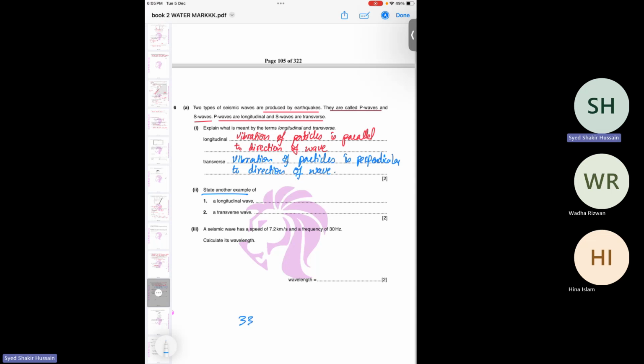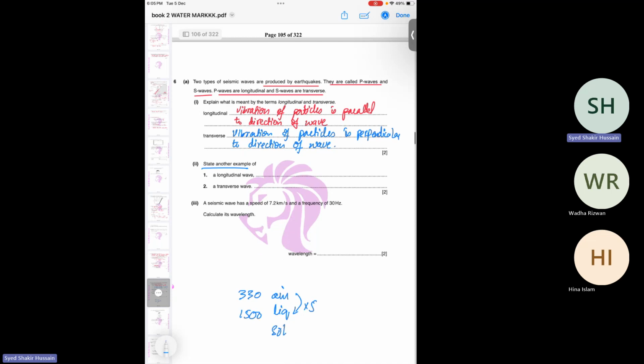In liquids it's 5 times more, so around 1500. And in solids it's 15 times more, something around 5000.